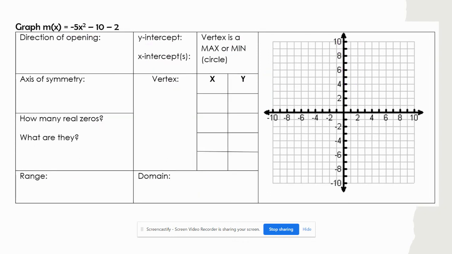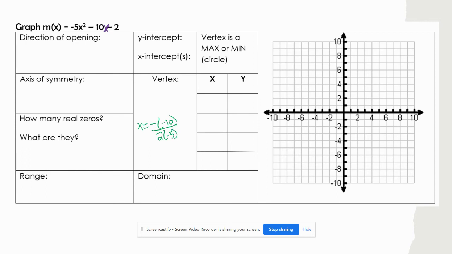All right, I made a typo in this. If you could please add an x after that 10 so that it's -5x squared minus 10x minus 2. Thank you. And I'm going to again start with finding our vertex. Let's change colors here. So x equals -b over 2a.